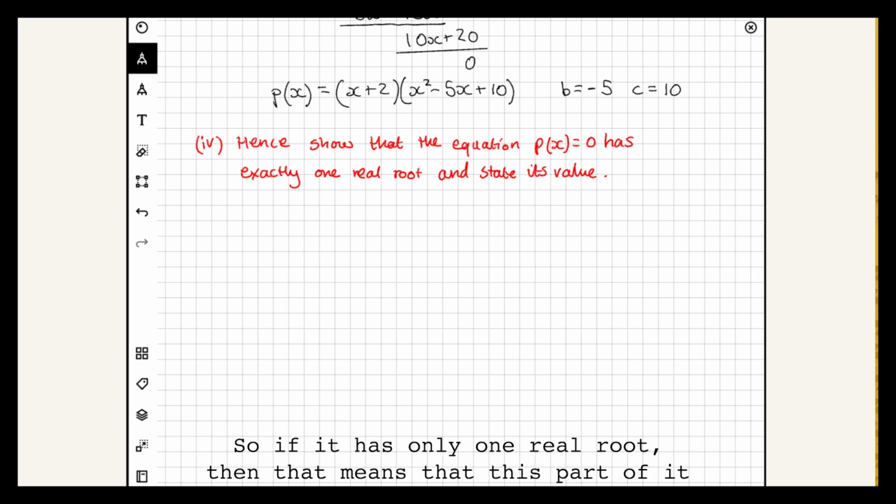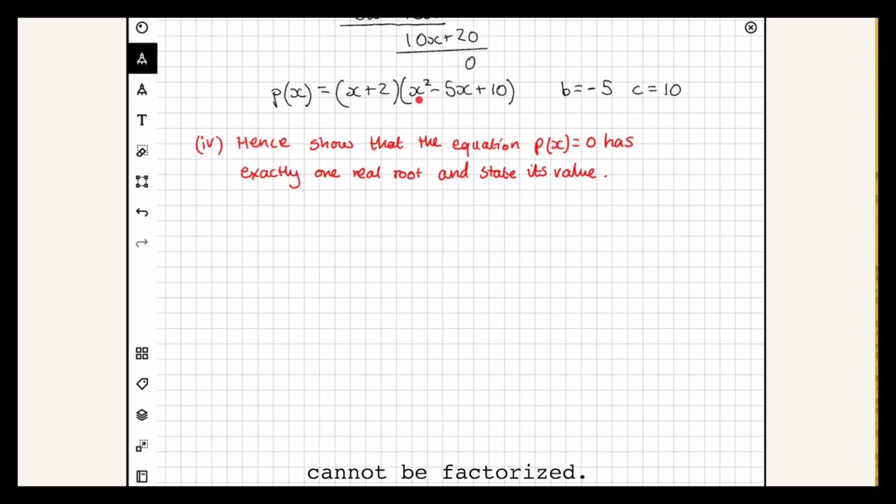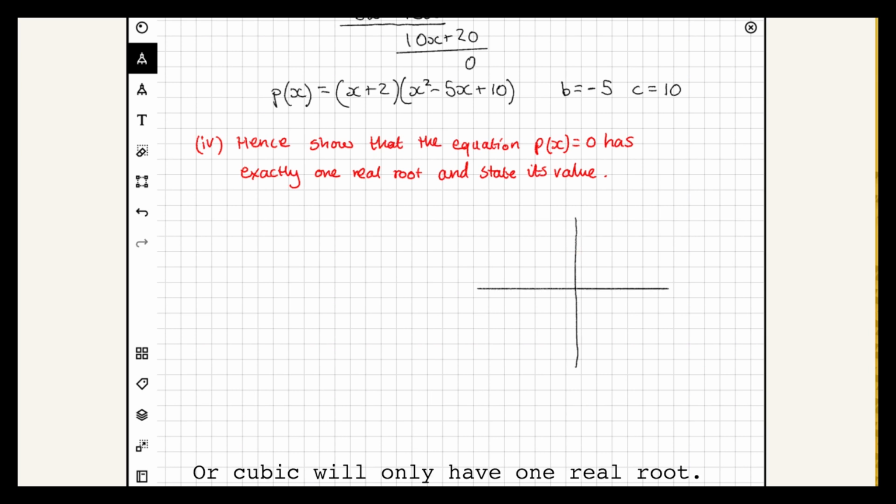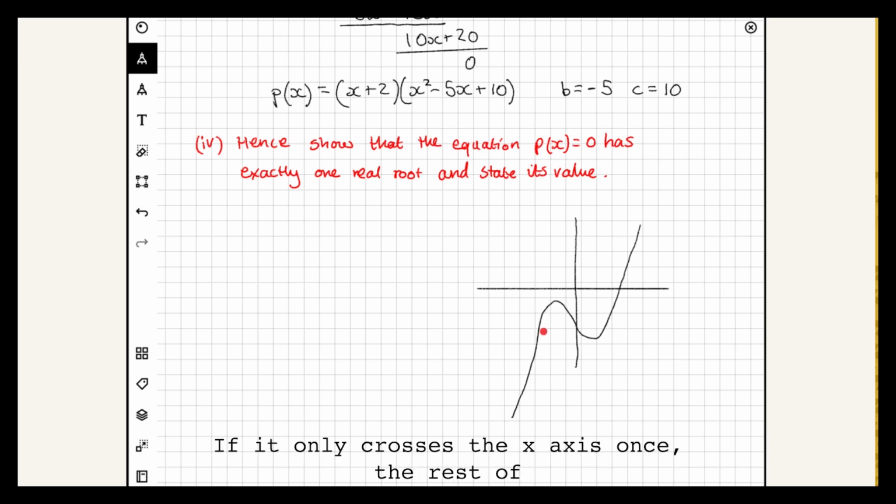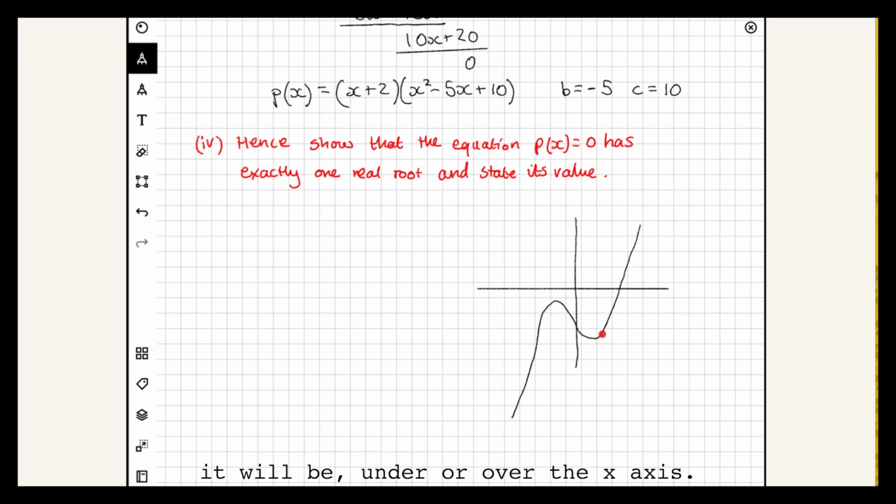So if it has only one real root, then that means that this part of it cannot be factorized. So in other words, our cubic will only have one real root, so it'll only cross the x-axis once. If it only crosses the x-axis once, the rest of it will be under or over the x-axis.